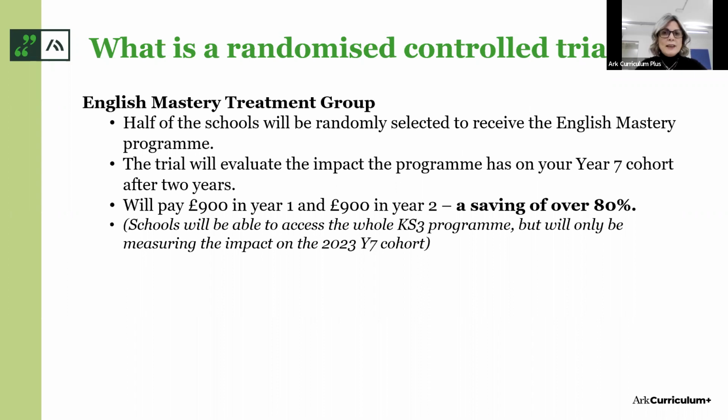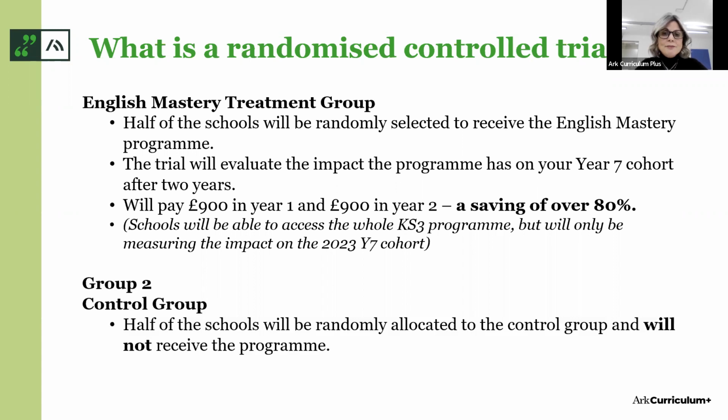Also, although it's for year 7 up to year 8, you will be able to access the whole Key Stage 3 programme. We'll only be measuring the impact in your 7s as they go up to year 8, but if you've got a year 8 and year 9 class, you could absolutely use our curriculum. You can use Jane Eyre, Small Island, Animal Farm, The Tempest. You can have all of those resources as one of the benefits of being selected for the trial.